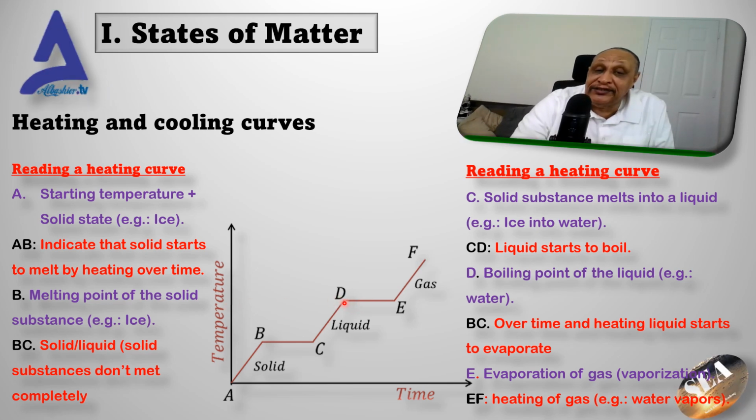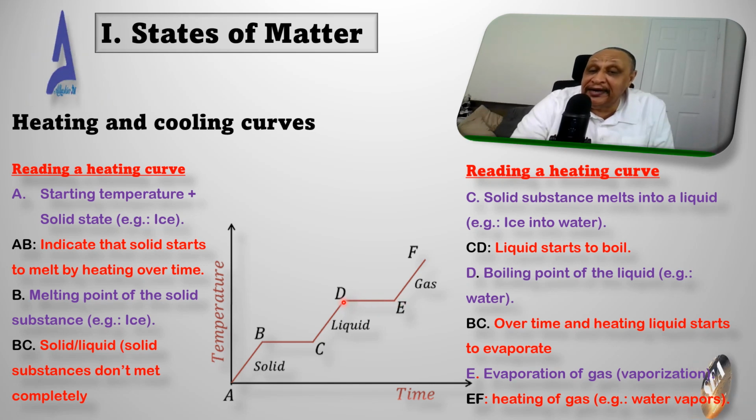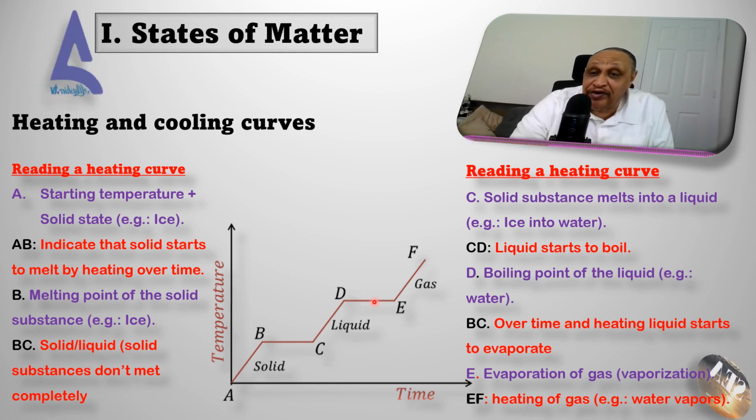Then it starts to boil for some time, where we are going to have another plateau with liquid plus gas present, and the gas, if it is water, is going to be water vapor. So there is the start of vaporization.